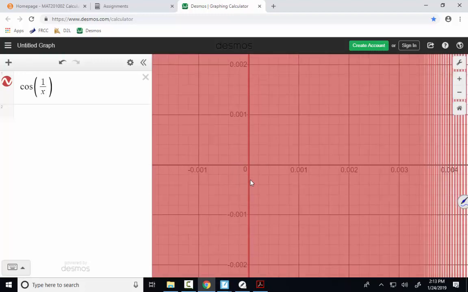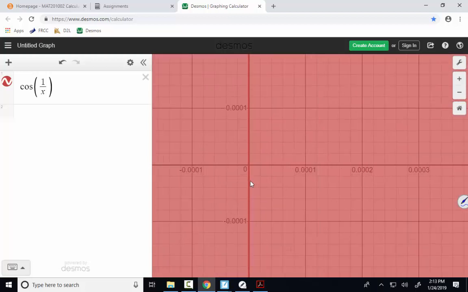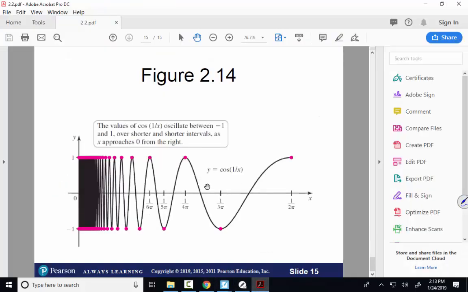In fact, it doesn't matter how far we zoom in, it's still going to look like trash. We can't see a particular value. Your text has that too. It's a different scale, but what's happening is that the oscillations become so rapid that it starts to look solid. If we could zoom in, we would see these oscillations, but they're so rapid towards the origin that we can't see them. It just looks like a solid line.